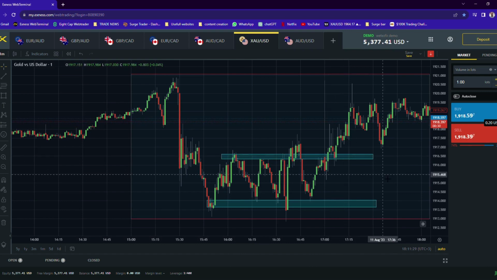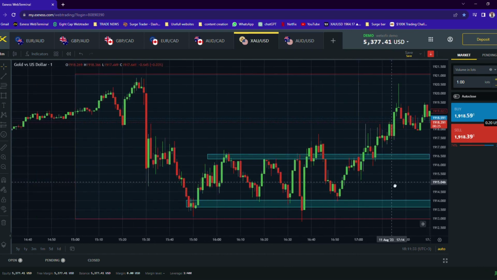Now this is where you determine how your quick thinking skills are going to work for you for the best part. And here you're always looking for the smallest rejection in the zones where there is your support and your resistance.